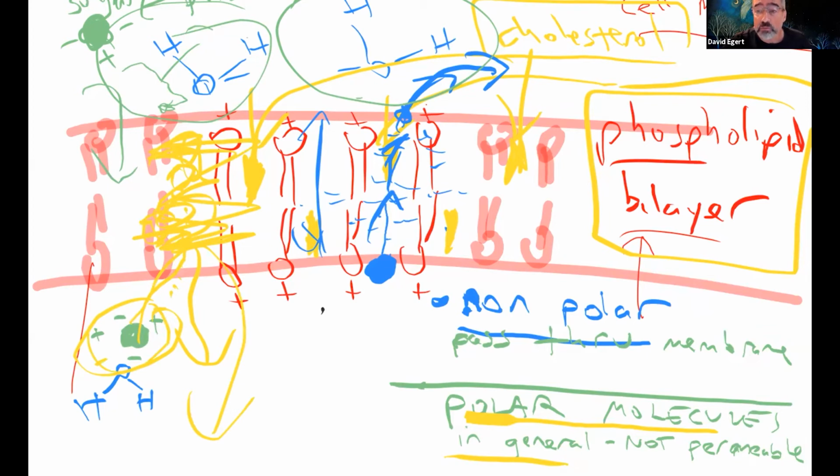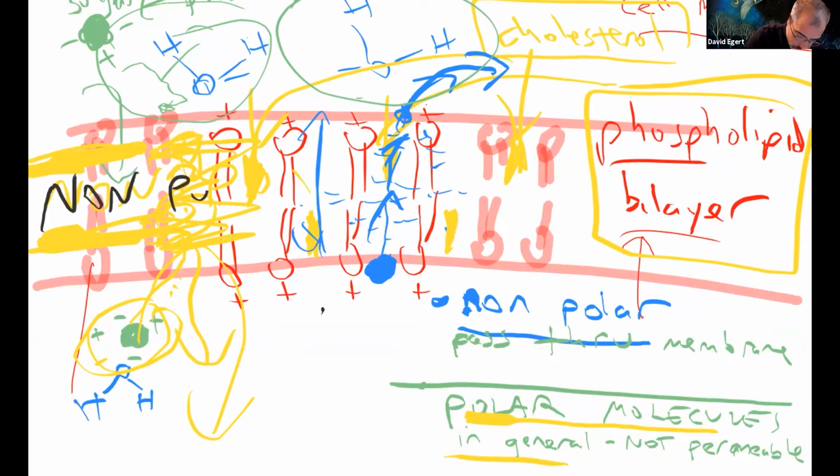So what's relevant here is that the main expanse of the membrane is this non-polar region that's constructed by these non-polar hydrophobic tails. So again, this is this big non-polar region here. So polar things in general do not go across.